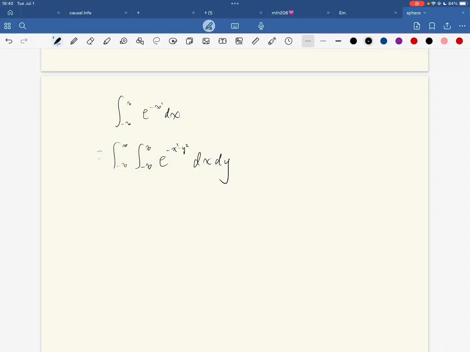The double integral has a natural advantage: we could write it in polar coordinates, a change of variable.